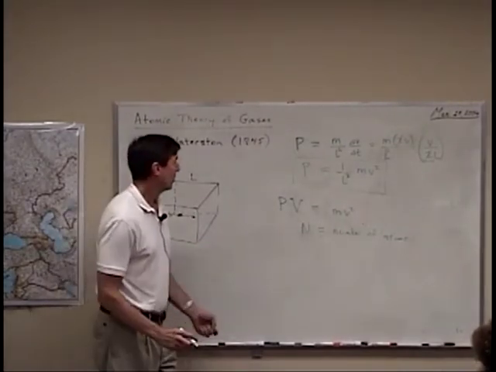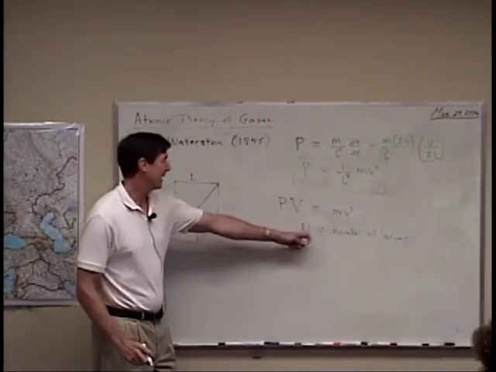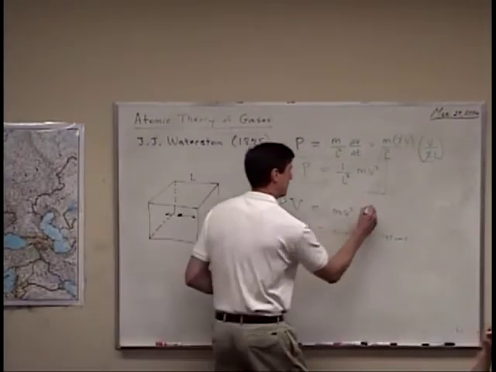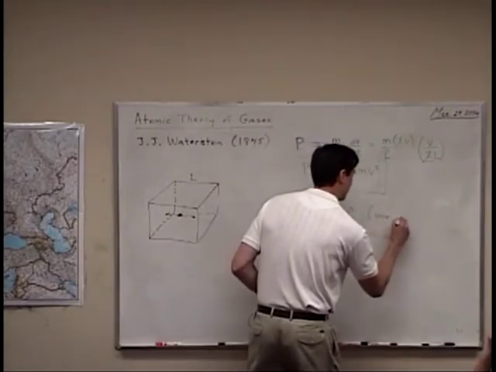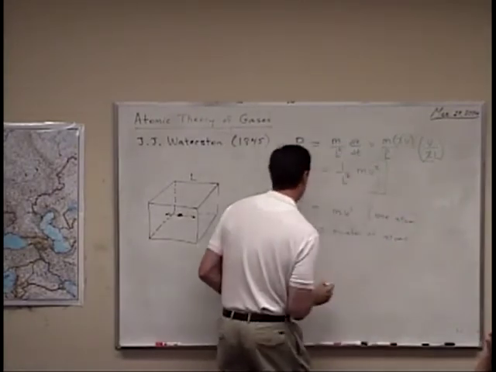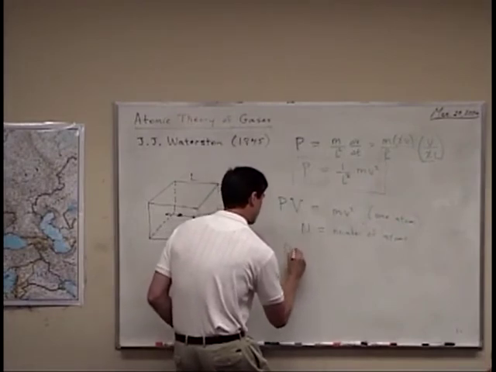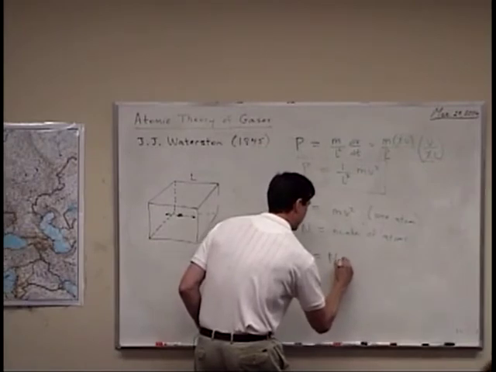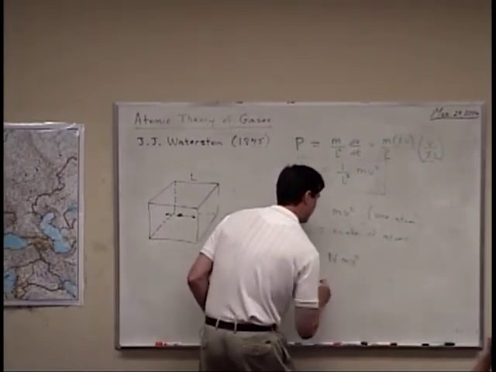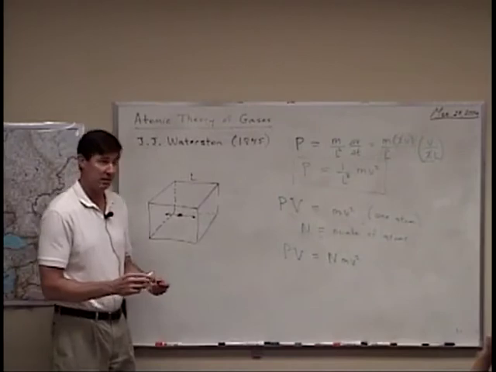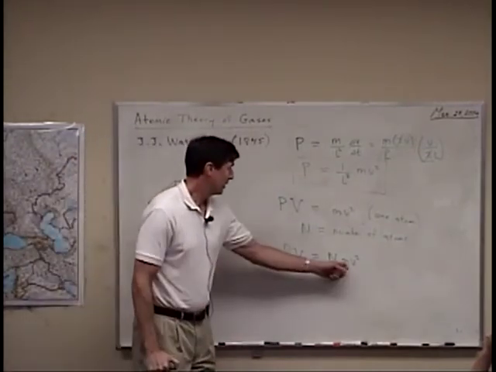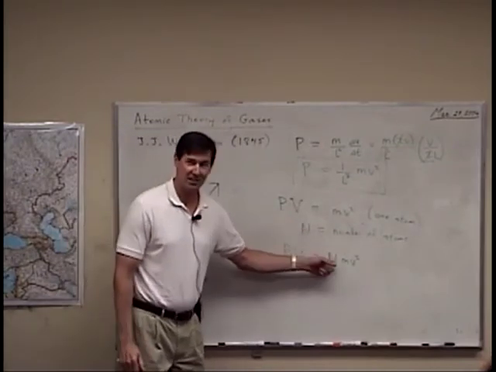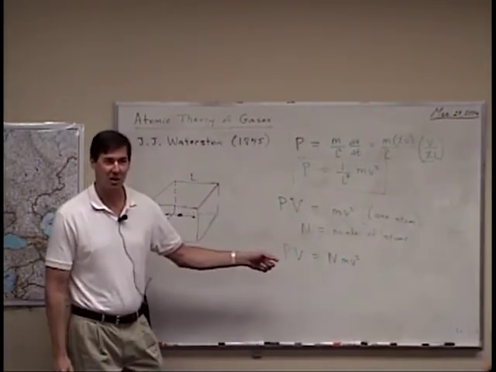Now, how do we take into account the fact that this is the result for one atom? If we actually have N atoms, you might think that you would just multiply the result by N. But it turns out that's not quite right. Can you think of why?